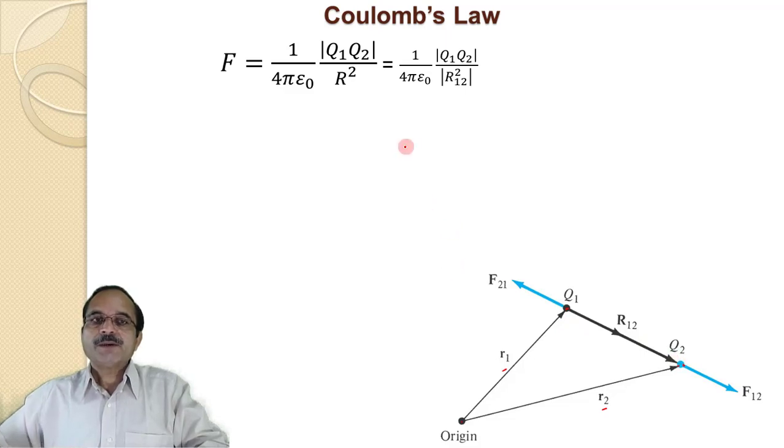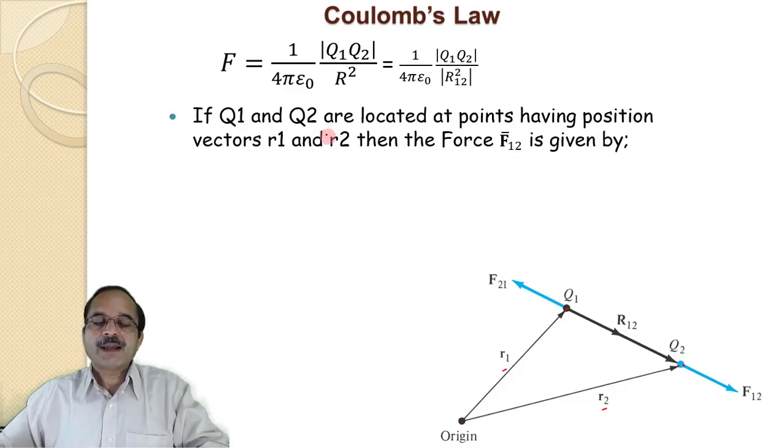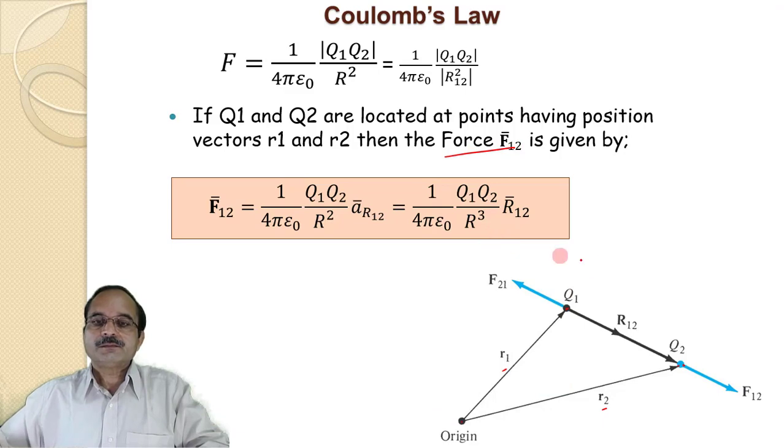So let us see how to assign direction to this force F. So force F12, that means force on 2 because of charge Q1, is directed in this direction. So this direction is the unit vector along vector R12, that is AR12.